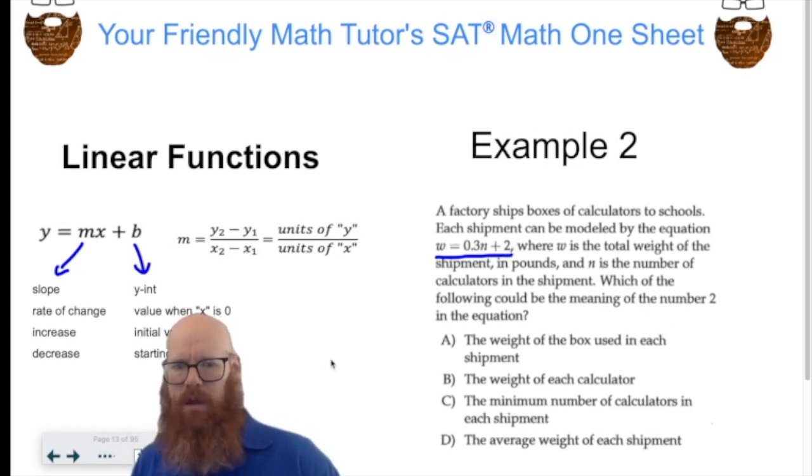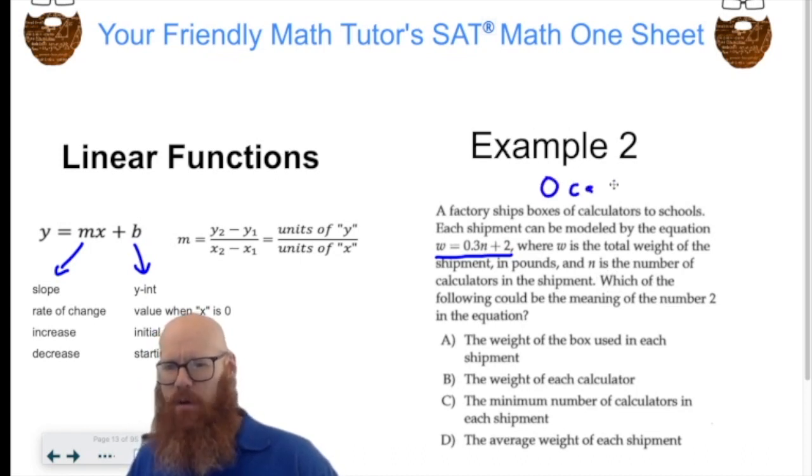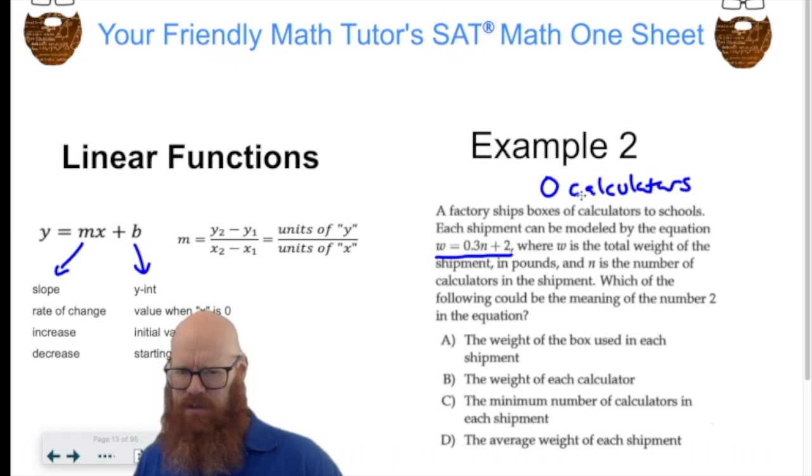So we're looking for something that represents the value when x is 0. The x is n, and n is the number of calculators, so we're looking for something that has 0 calculators in it. The weight of each calculator has nothing to do with 0 calculators.